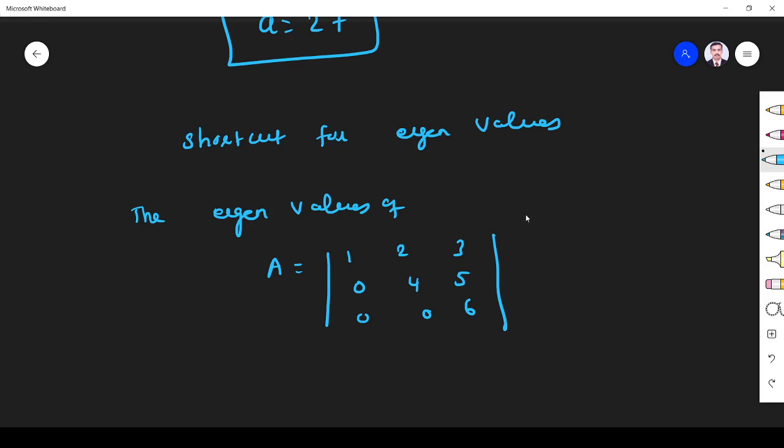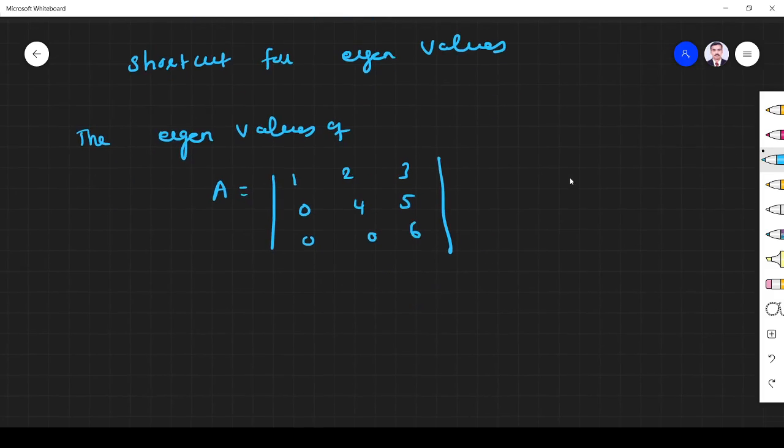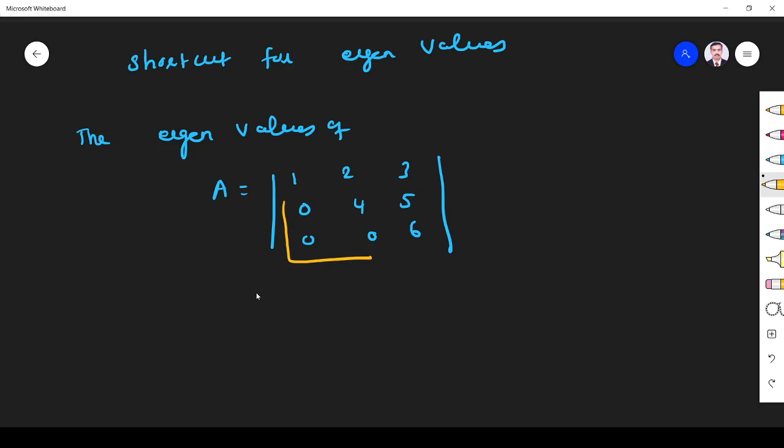They ask us to find the eigenvalues of this matrix. Whenever questions like this come, it is very easy to identify. You see it is an upper triangular matrix because the lower part is 0.